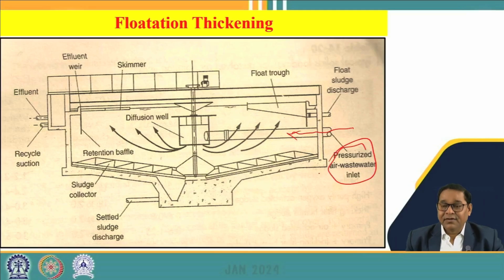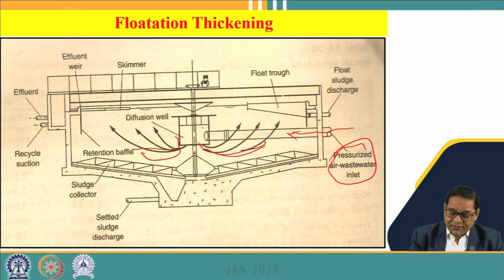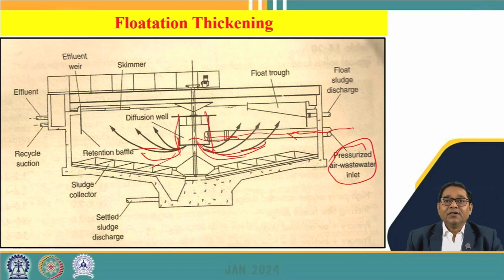Here the sludge is pressurized with air, so along with air the sludge is diffused out from this central well in all directions. Then there are rotating arms which rotate all the sludge mass in the tank, and it separates out, because the sludge mass is flocculent in nature. Because of their lower specific gravity, they float onto the surface.